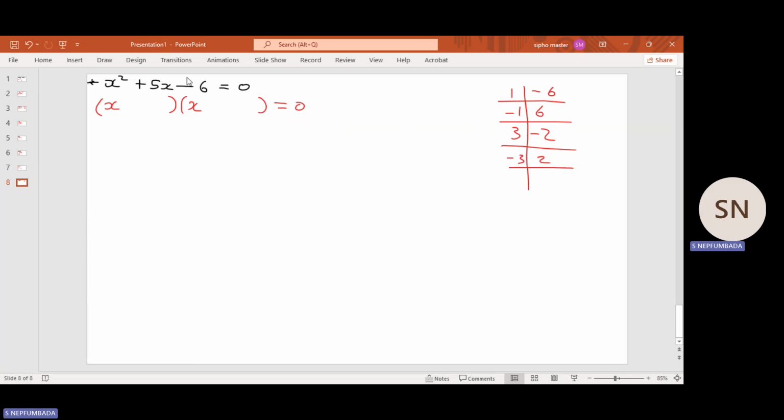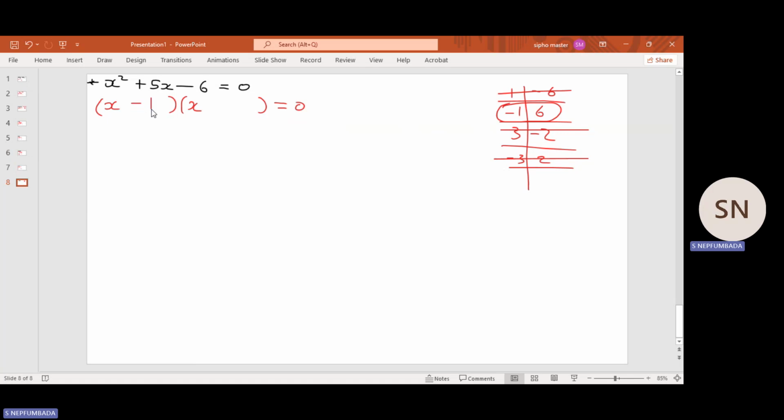So now, from those factors, we need the one that when we add, they give us positive 5. So let's test. Minus 3 plus 2 is minus 1. This one is dead. This one is also dead. It means this one is the one that when we add, it gives us positive 5.